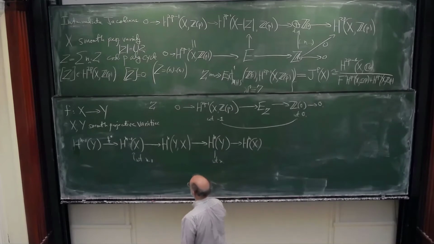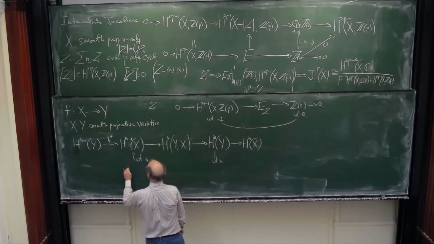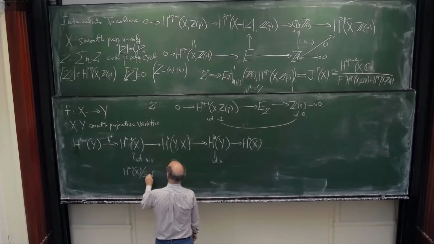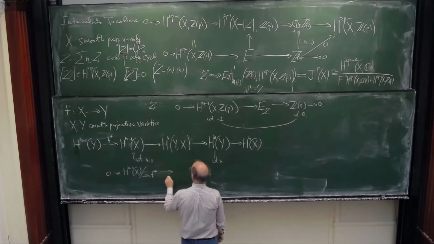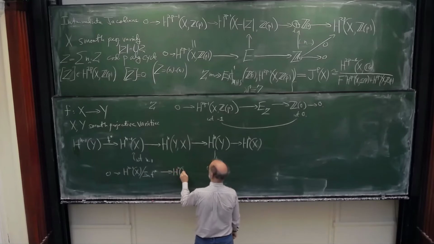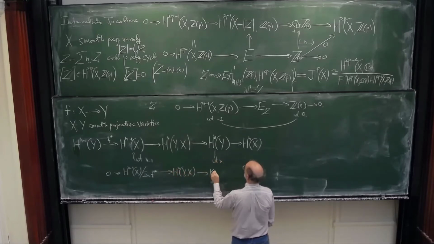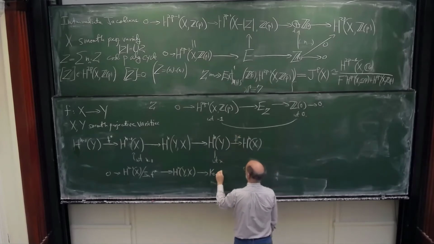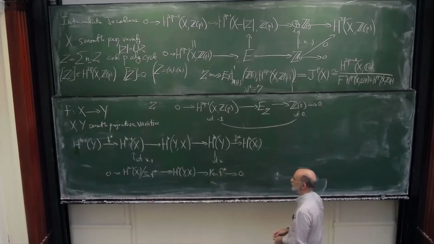So let's do it. I have H^{n-1}(X) modulo the image of f star, and then that goes to the fellow in the middle here, and then that goes to the kernel of f star goes to 0.